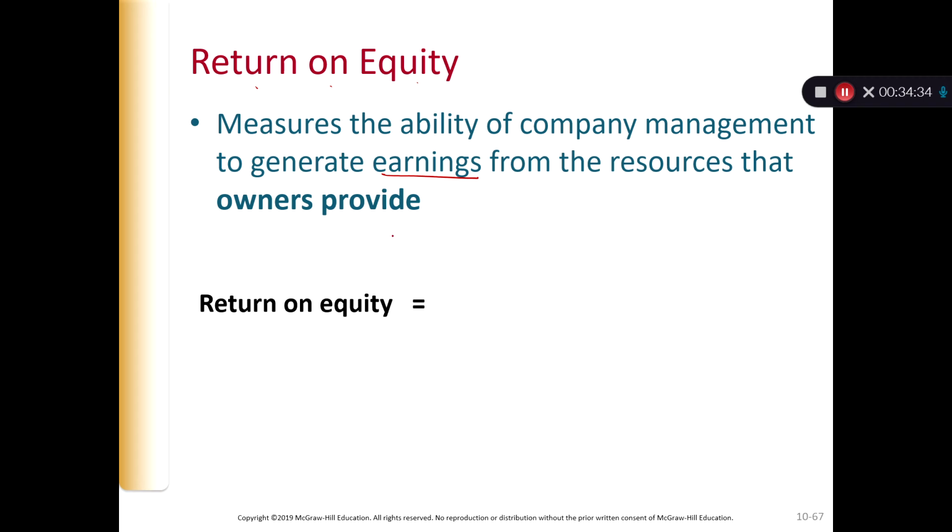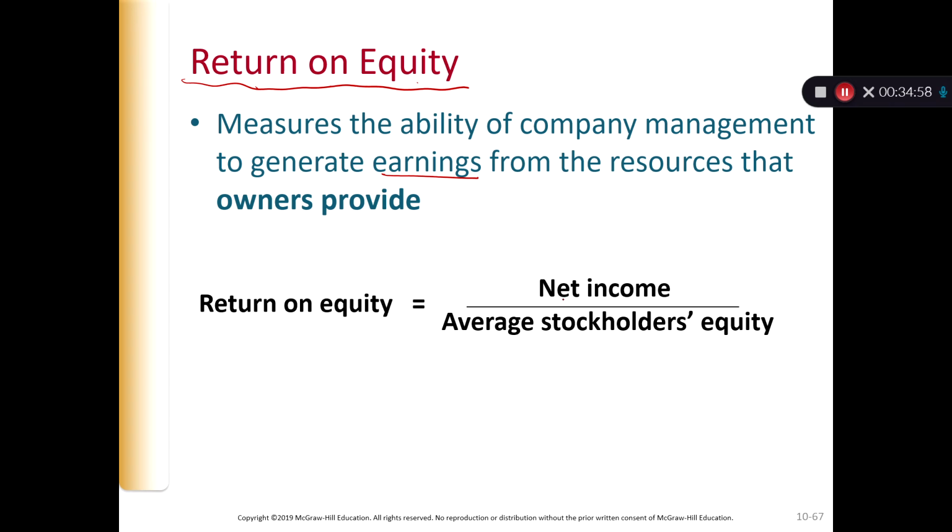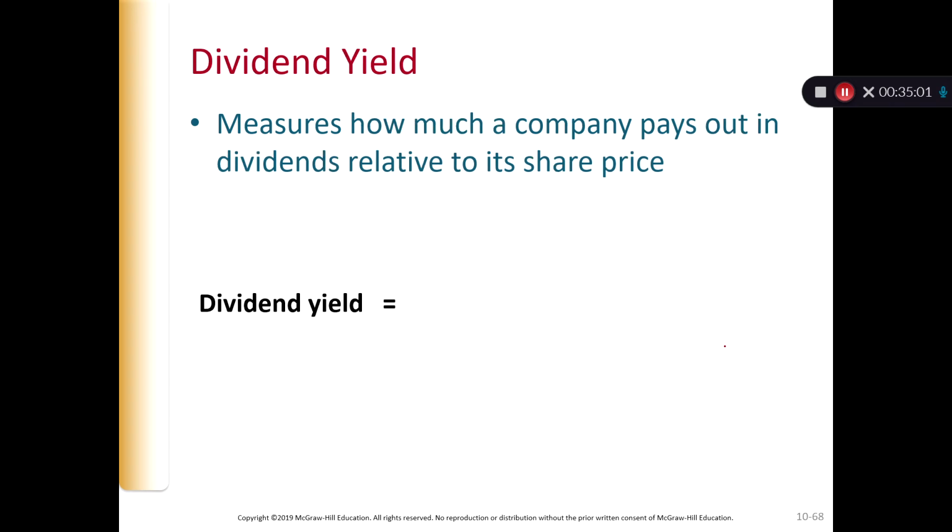For instance, earnings of $500,000 may be quite large for a small company, but it would be a rather disappointing outcome for a major corporation, for example, IBM. A useful summary measure of earnings that considers the relative size of business investment is the return on equity ratio. So return on equity equals net income divided by average stockholder equity.